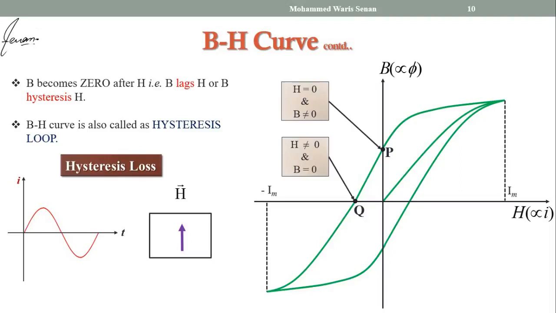There is no use of this energy, so it's a loss of energy. This energy lost inside the material due to the alignment and de-alignment of dipole moments is called hysteresis loss, and this hysteresis loss is proportional to the area of the loop.